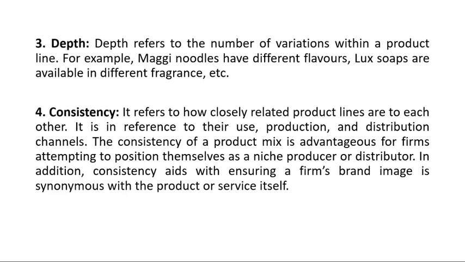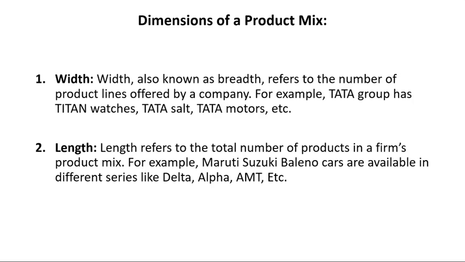The best examples are Maggi and soaps or hand washes. You have so many. The same company provides different fragrance or slight changes in the product feature, but the basic product will be the same. So don't get confused with the length.